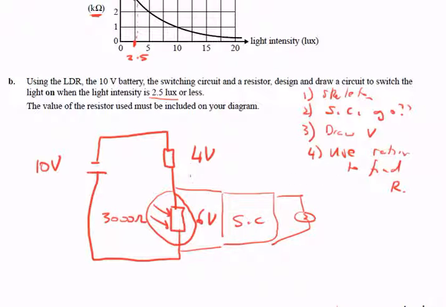Use ratios to find R. What's the ratio between that one and that one? How did I get from 6 to 4? I have to times by 2/3. So I have to do the same thing here. Times 2/3. Therefore, this must be 3,000 times 2/3, which is 2,000 ohms. And that's it done.